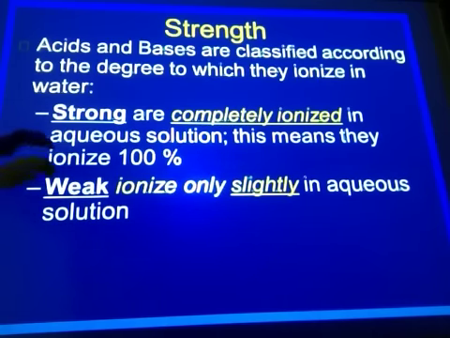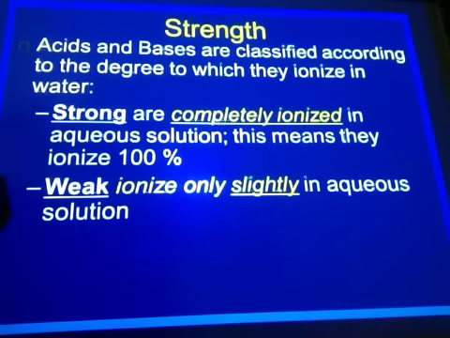So this means that it's going to ionize 100%. There are 6 strong acids and 8 strong bases that you are going to have to memorize, and those will always ionize completely.